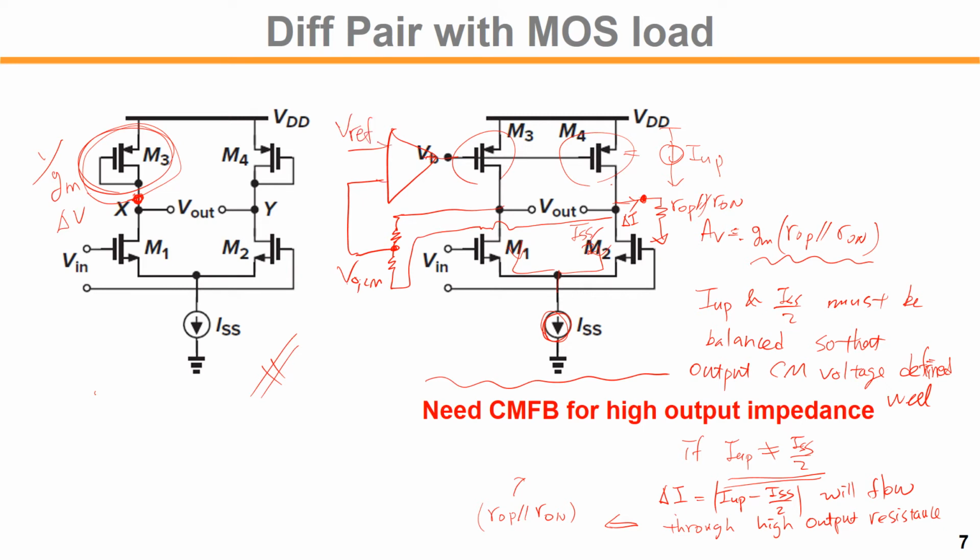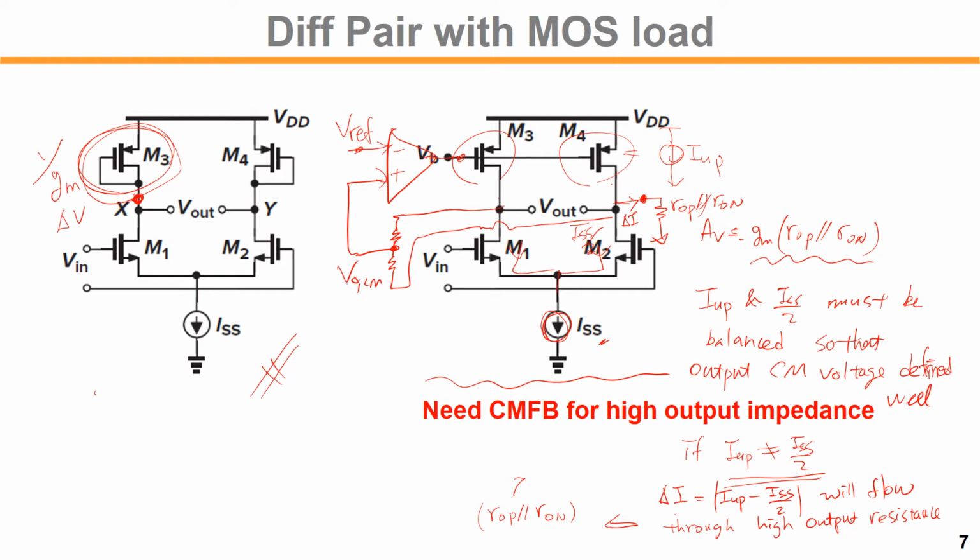We drive that loop so the output common mode voltage is the desired level, like VREF. In that way, we can adjust VB to find the proper Iup to exactly match ISS at the desired output reference level voltage.